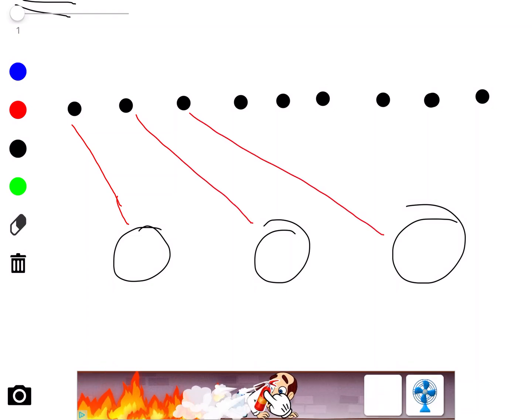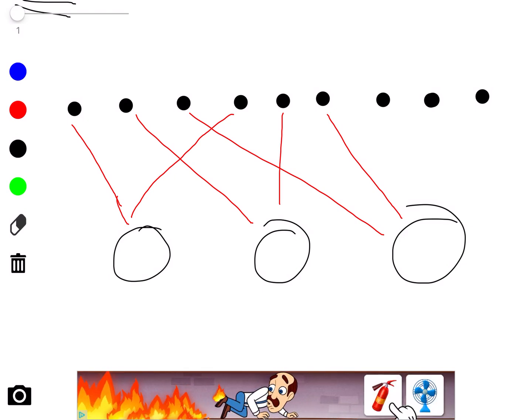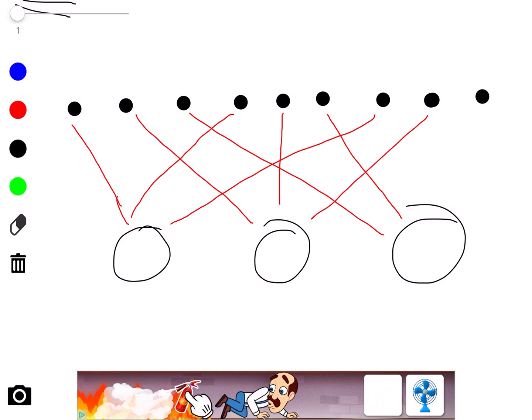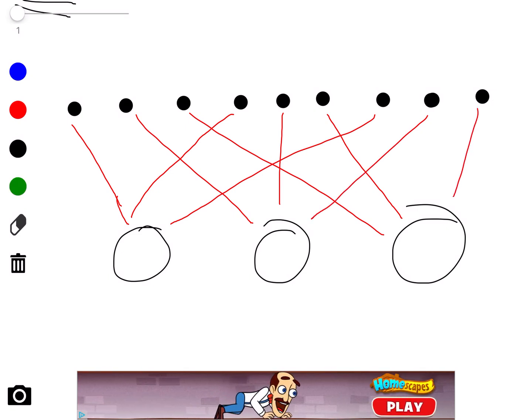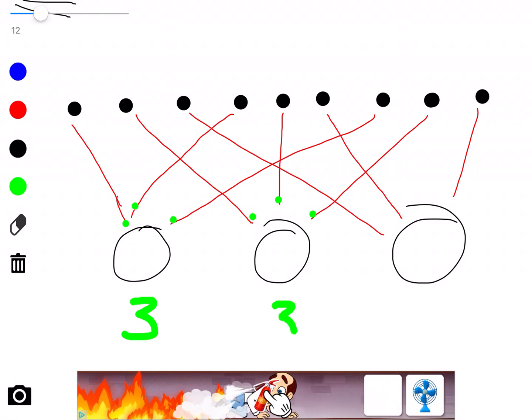So now every plate has got 1, then back to the first plate, to the second plate, to the third plate. Every plate has got 2, then first plate again, second plate, third plate. Okay, and if we count the dots again, we should have equal groups.